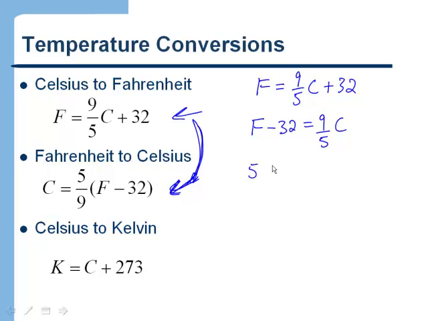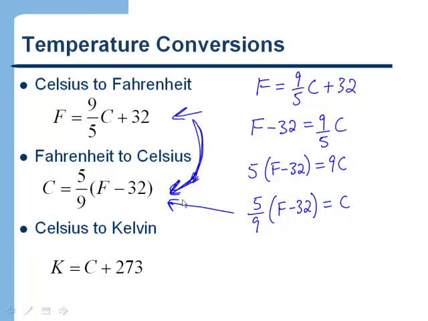So I'd have 5 times (F minus 32) is equal to 9C. And then I could divide both sides by 9, and I would get 5/9 times (F minus 32) is equal to C. And so that's where that formula comes from.